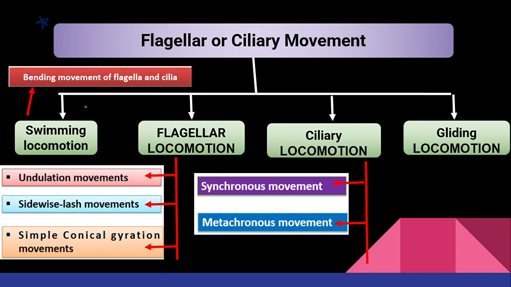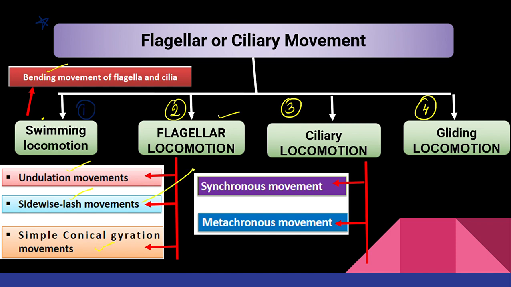One is swimming locomotion, second is flagellar locomotion, third is ciliary locomotion, and fourth is gliding locomotion. Under swimming locomotion, we are going to study about the bending movement of flagella and cilia. Under flagellar locomotion, we are going to study about the undulation movement, sidewise lash movements, and simple conical gyration movement.